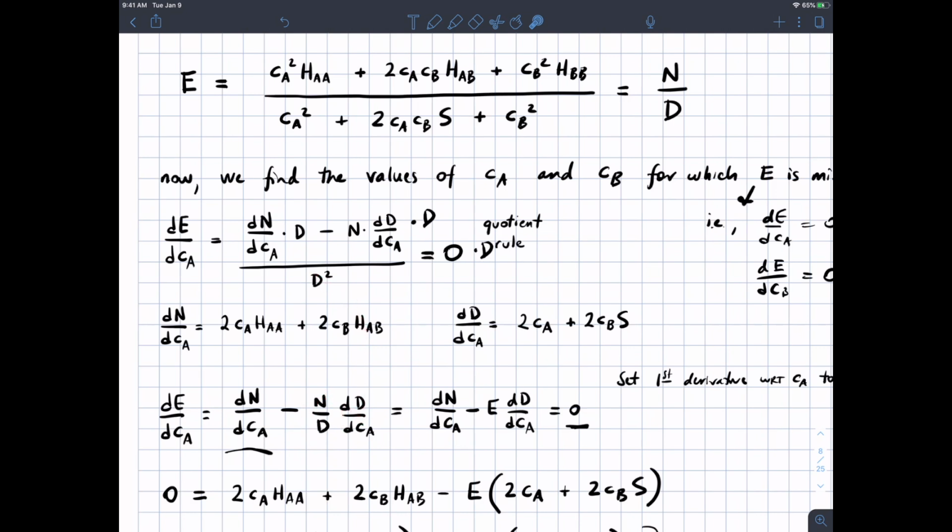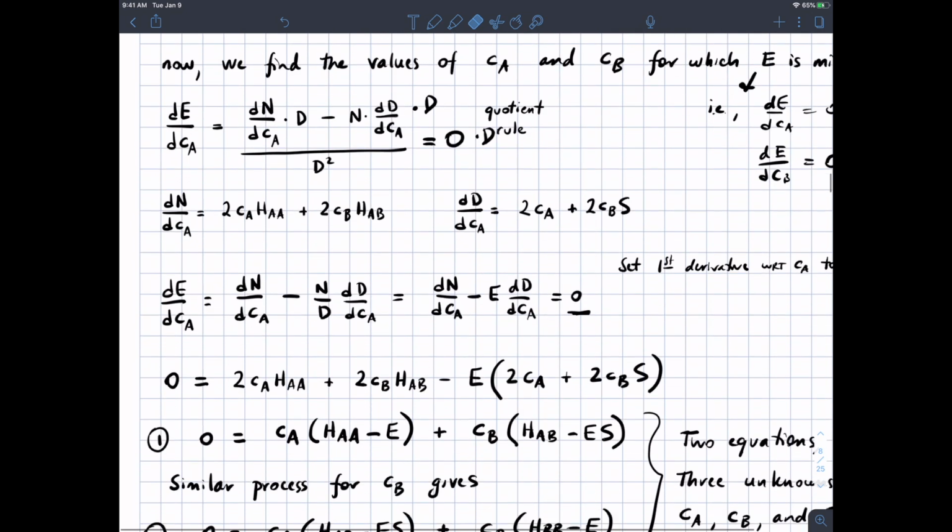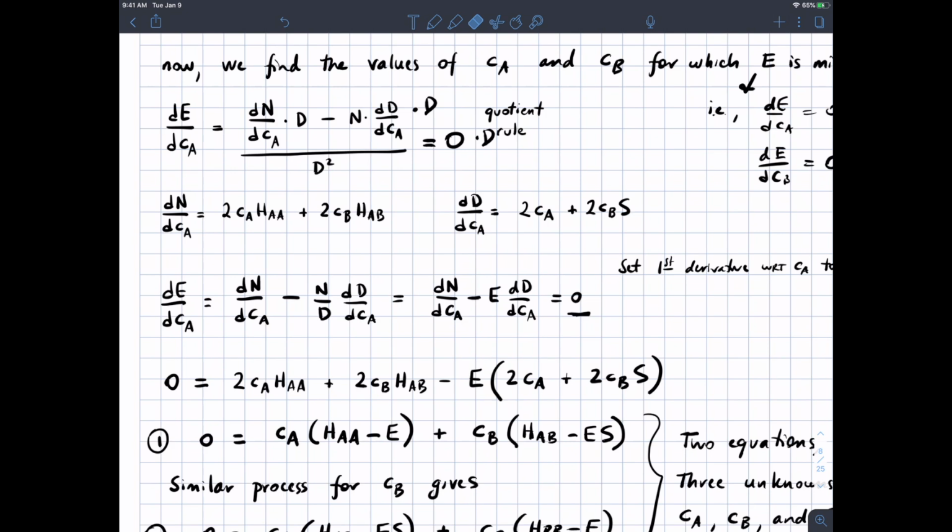Gotcha. I was trying to multiply by 1 over d squared to cancel everything out. Well, the only reason you can do that is because we're setting it equal to 0. And we're doing that mostly out of convenience because this n over d term happens to be equal to the energy to begin with.